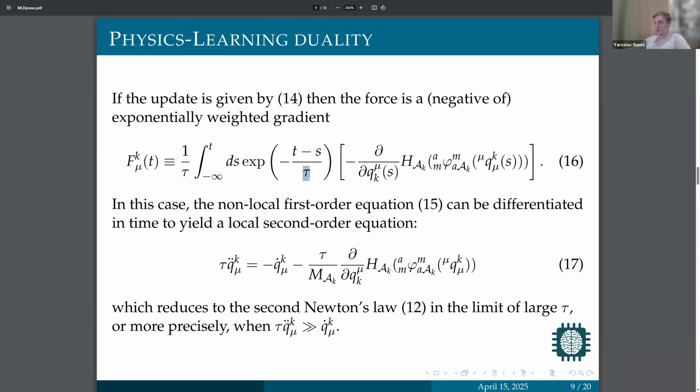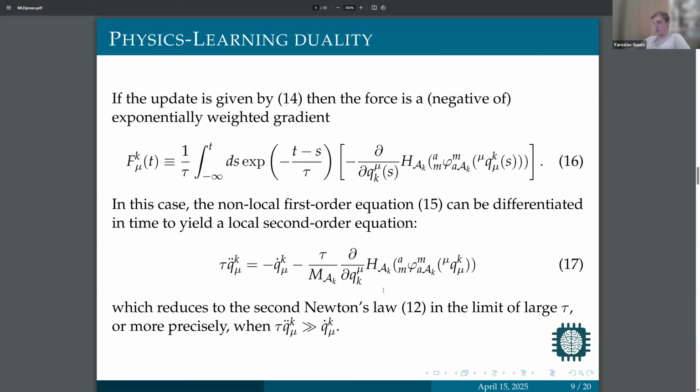If the exponential parameter tau is large, or more precisely if the second order term dominates over the first order term, you can vanish the first order derivative, and you can also get rid of tau, and then you will effectively obtain the equations of motion 12 that we had before.